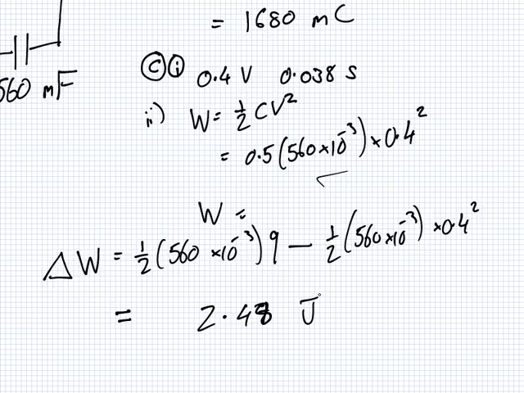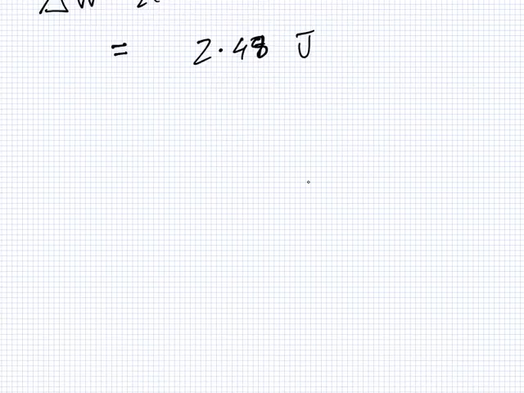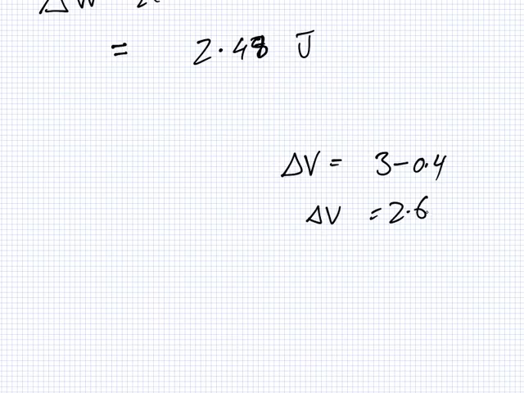But you said that is equal to 3 minus 0.4, that's equal to 2.6, and if we use this, we can get the change, the loss in the work. But the formula doesn't contain V, it contains V squared. So what you should be doing instead is saying the square of the voltage changes like this. So if I use that in my formula, I'll get the same answer.